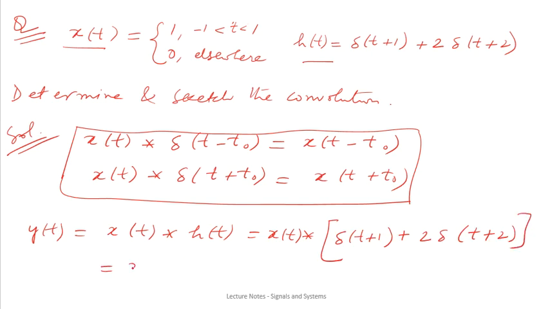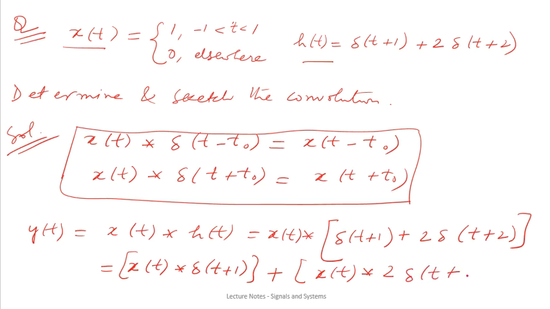So this will be equal to x(t) convolution delta(t+1) plus x(t) convolution twice of delta(t+2).